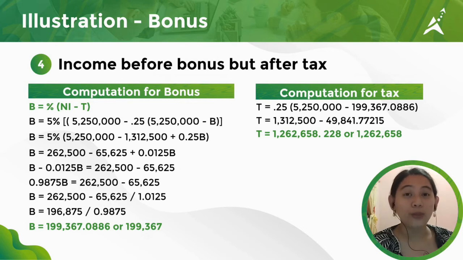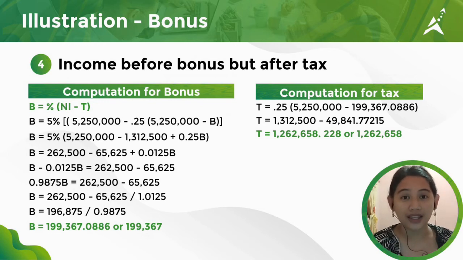pababa ng pababa yung bonus na makukuha ng isang employee. Why? Or bakit pinakamataas yung sa una? Kasi sa unang variation natin, ang computation ng ating bonus ay yung mismong net income times bonus lang natin. Yun lang yun, kasi hindi na natin ibabawas yung bonus doon and yung tax.